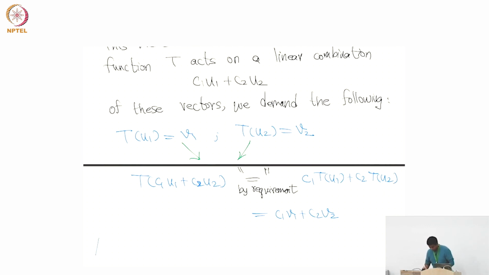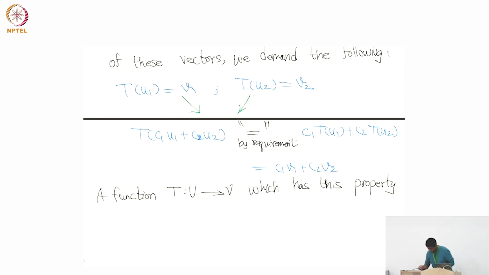A function T from U to V which has this property is called a linear function.